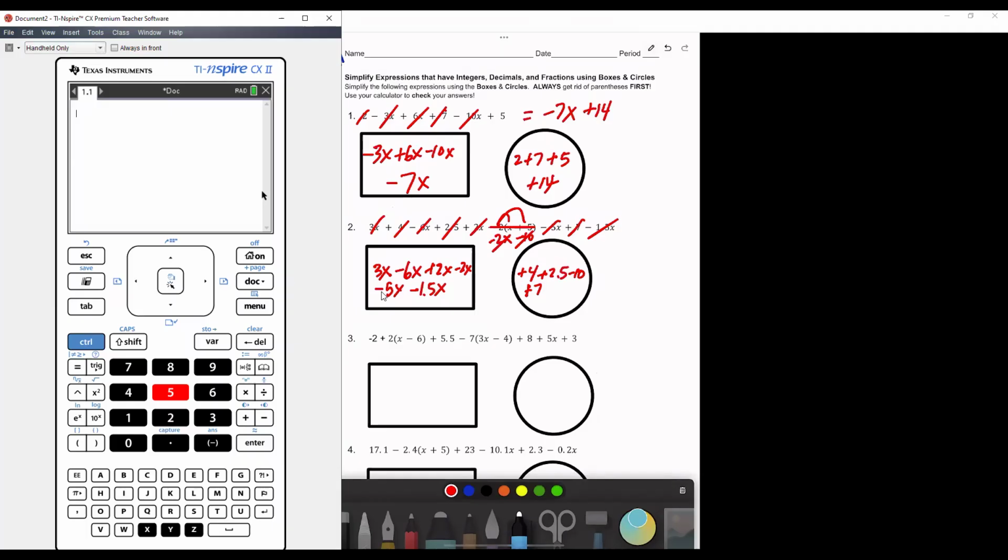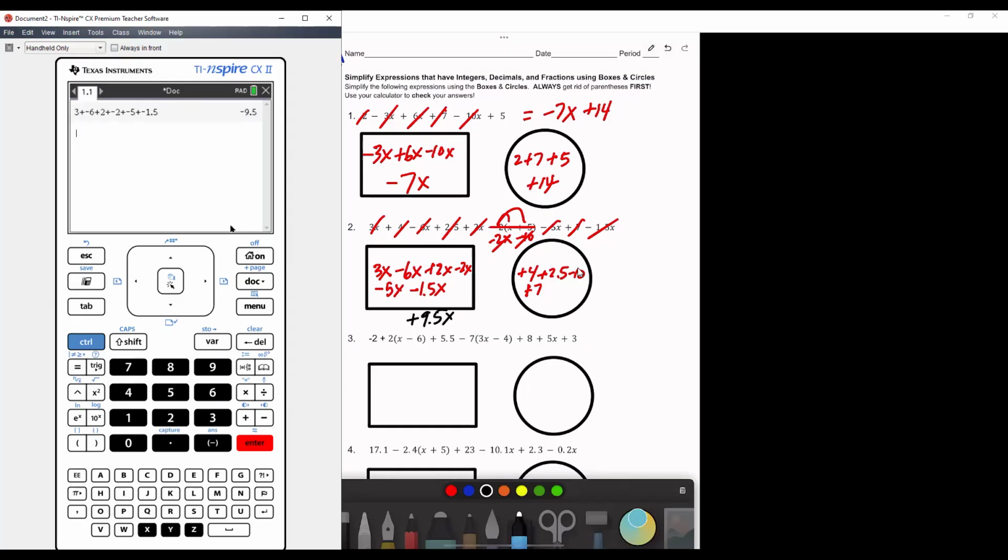All I'm going to do is take all the coefficients and just add them. So it's going to be 3 plus a negative 6 plus 2 plus a negative 2 plus a negative 5 plus a negative 1.5, and then I press enter. And I get a negative 9.5. So that is what I am going to write for my simplified coefficient for the variable.